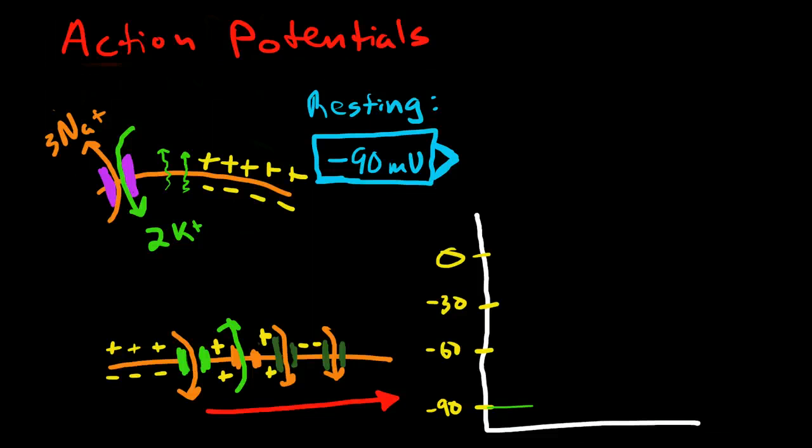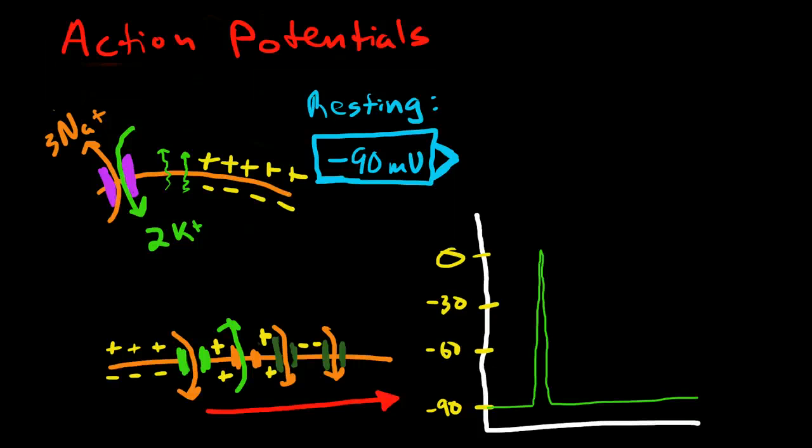The sodium gates open up suddenly, and we quickly go up to threshold, and then once the action potential is passed, it quickly is restored to resting potential by the outflow of potassium from the cell.